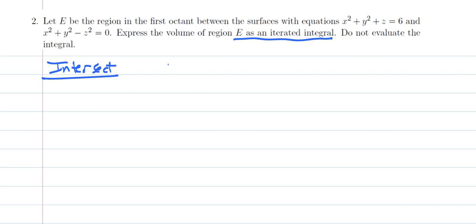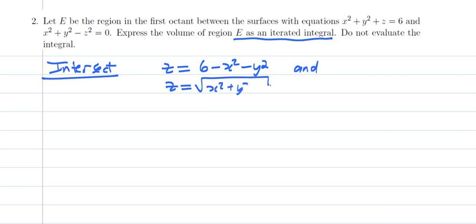So I'm going to rewrite the first equation as z is equal to 6 minus x squared minus y squared, and this one, if we rewrite this, z is equal to the square root of x squared plus y squared.